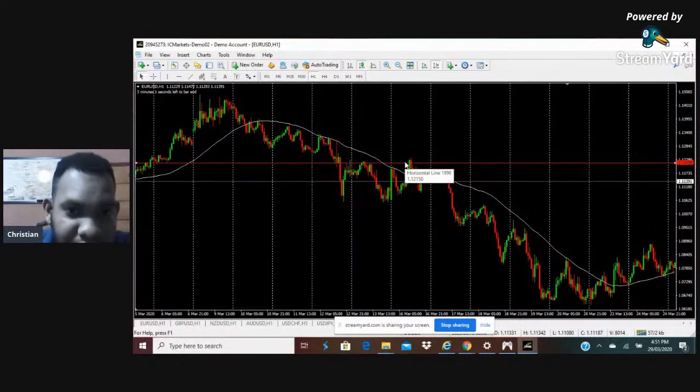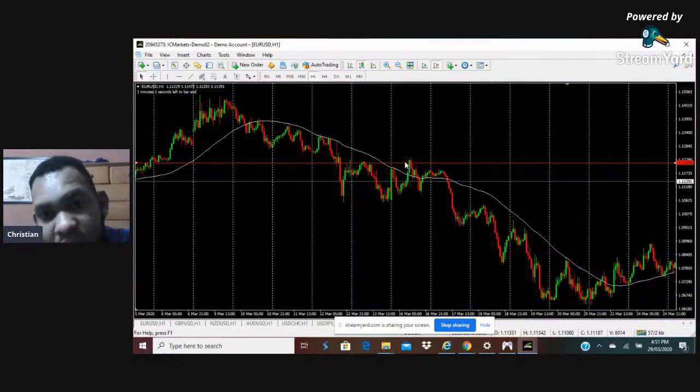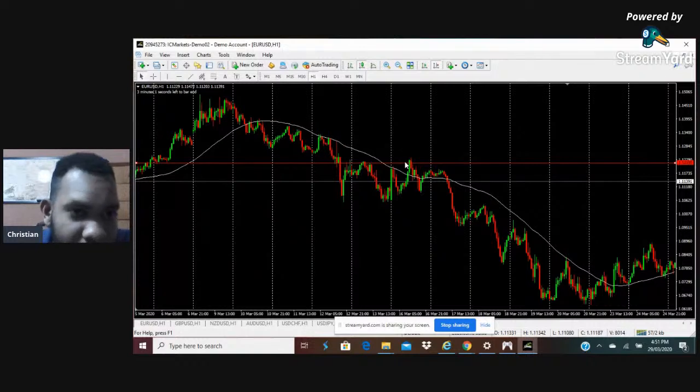So you catch the drift. It all depends on your lot size when you enter a trade. If you deposit more money, you can take a bigger lot size. Don't take a bigger lot size with less money, because you are definitely going to panic.